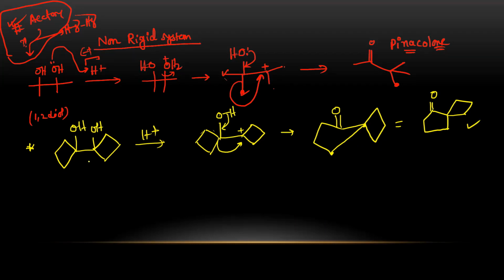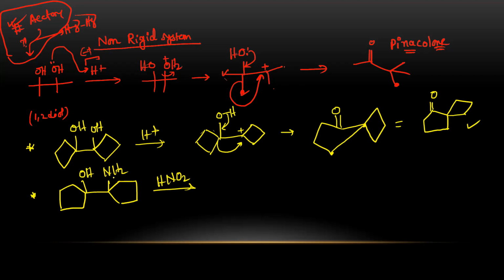In the same type of problem, if two 5-member rings were there, here OH and here NH2, suppose. I've told you that for this type of substrate, the reagent is nitrous acid, or NaNO2 HCl. What will happen? We know nitrous acid is a reagent for formation of diazonium salt, so diazotization.